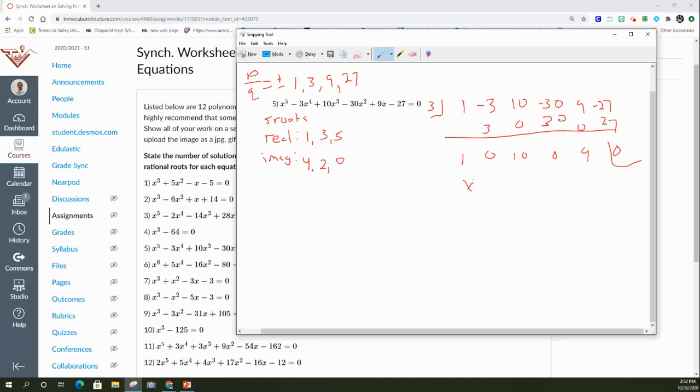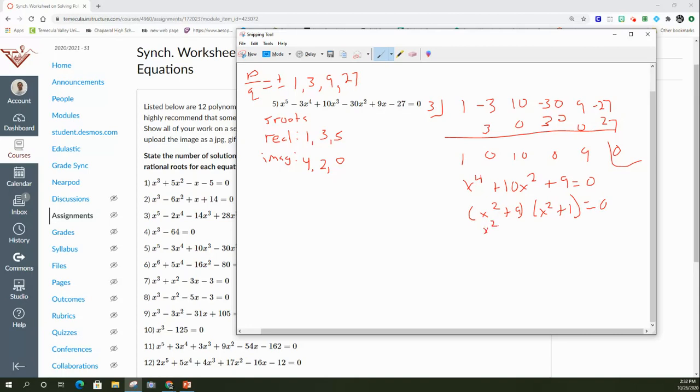It leaves me with this 4th degree trinomial, but I'm going to see if the quadratic pattern will work. So I get x to the 4th plus 10x squared plus 9 equals 0. And that is factorable. That is x squared plus 9 times x squared plus 1.